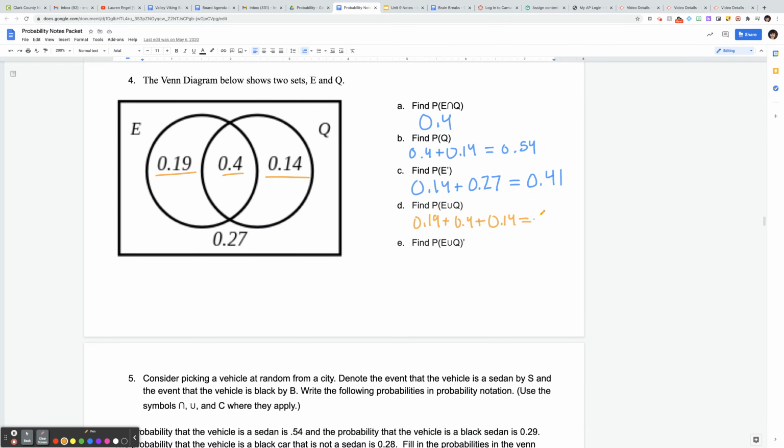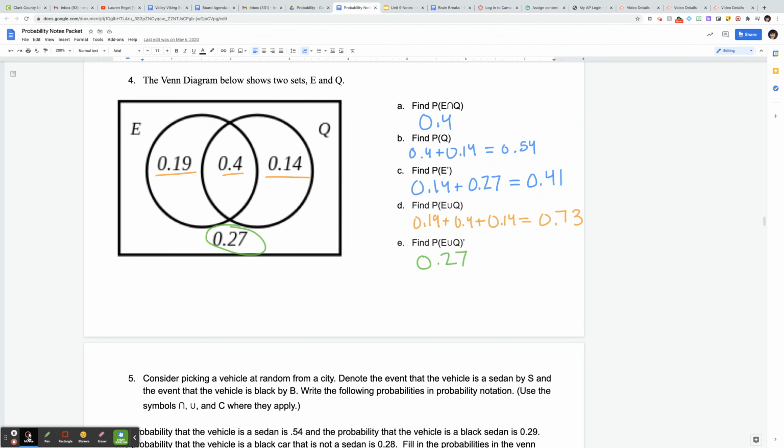If you add all of those up, you get 0.73. And then my last one here is everything that's not E or Q. So that would be everything outside of the Venn diagram circles. So that's just 0.27.